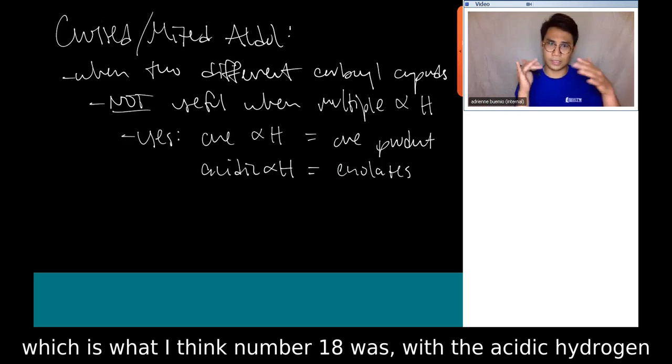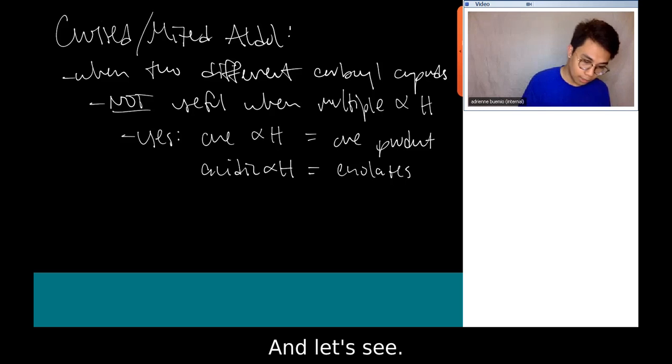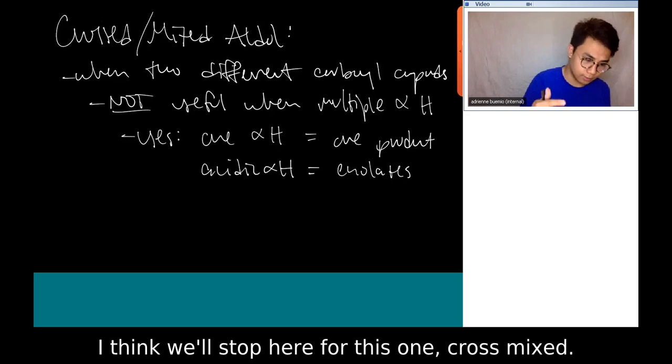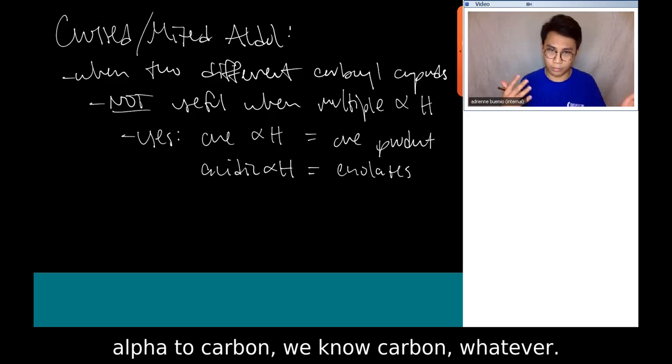With the acidic hydrogen forming things like that. And let's see, I think we'll stop here for this one. Cross mix, right? And again, this is still the same kind of reaction, alpha to carbonyl carbon, whatever, right?